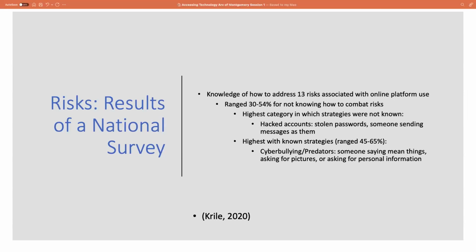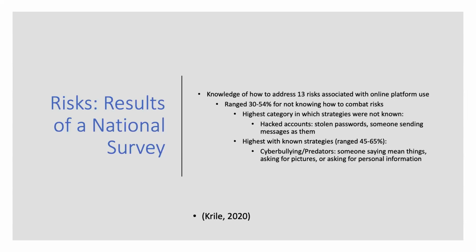So cyberbullying and predators was the highest category where they knew strategies. I remember looking at that data and saying, well, why is that? That's the one where there's the most risk, but why is this all flipped? I thought it would be the other way around.